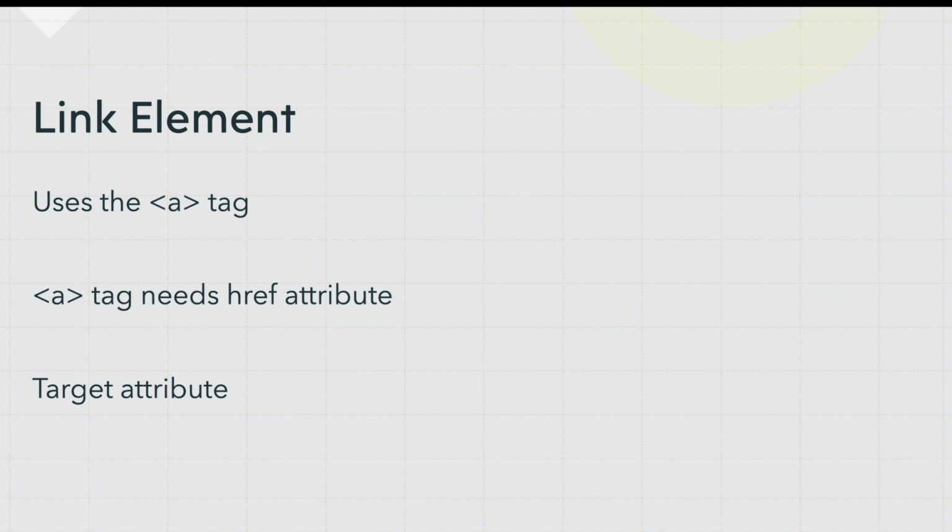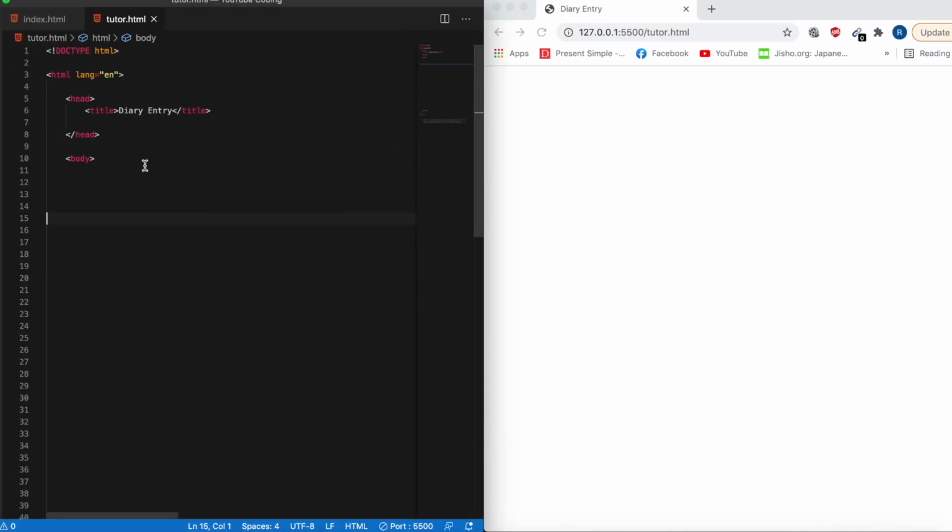So let's go to our text editor. Okay, great. So for example, let's say we want to create a link that will take us to Google. So we would type A as our element and our tags, and it comes up on the text editor, and let's type the content of this link as link to Google.